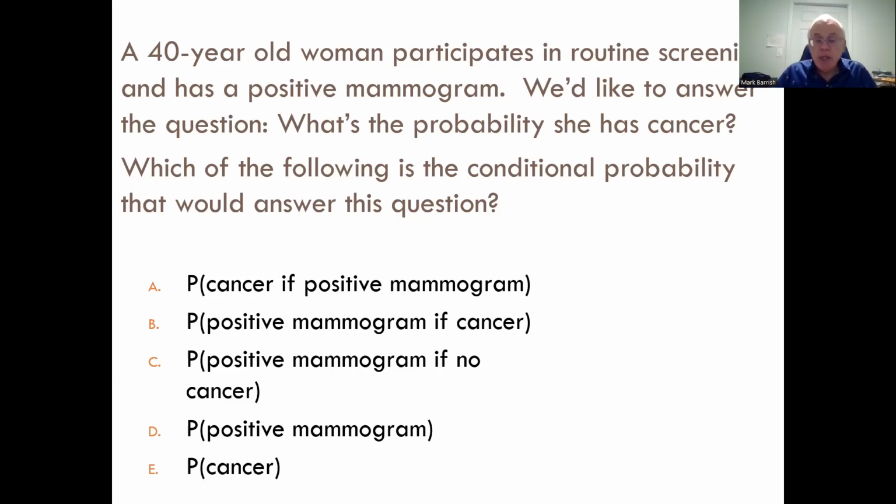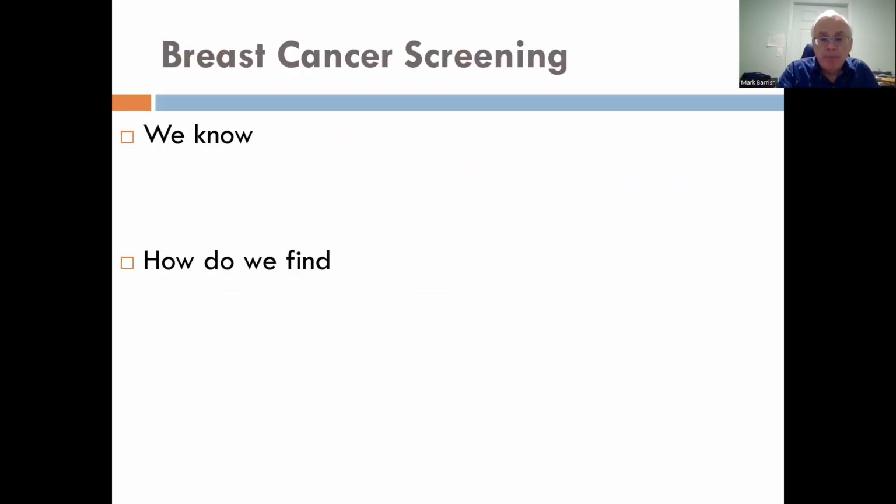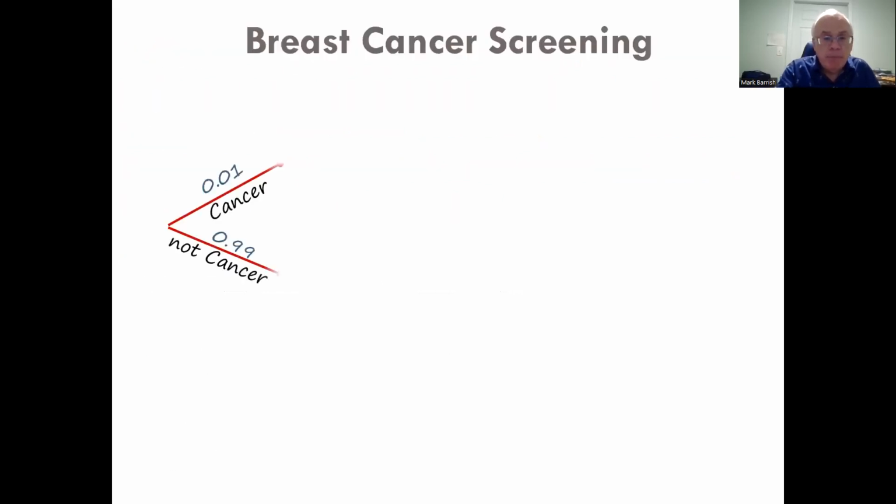That is the question we're going to answer, and it's not a conditional probability, ultimately. So what they're doing here is building a tree diagram, which will help us answer the question.